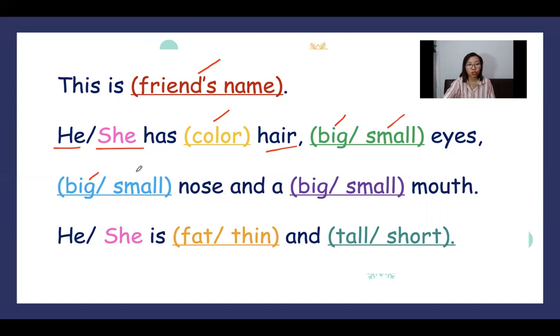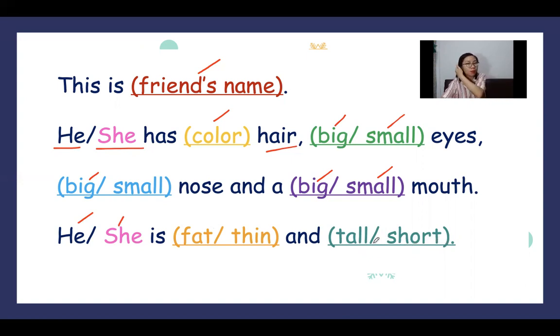Big nose, small nose. And a big mouth, small mouth. And then he or she: he for boy, she for girl. He is fat, or he is thin. She is fat. She is thin. And tall or short.